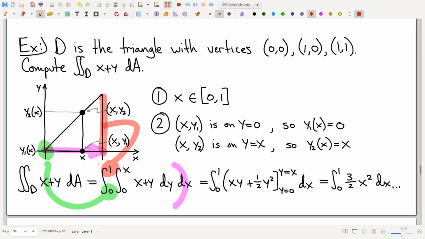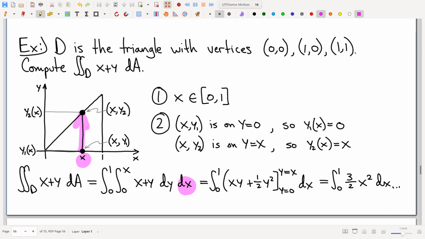Okay, here's where it gets interesting. Assuming now a particular value of x, we're going to assume that for that value of x, we're looking at this x slice. That means a slice perpendicular to the x-axis. Now I want to know my starting and ending values for y. Okay, well, y starts at this point.